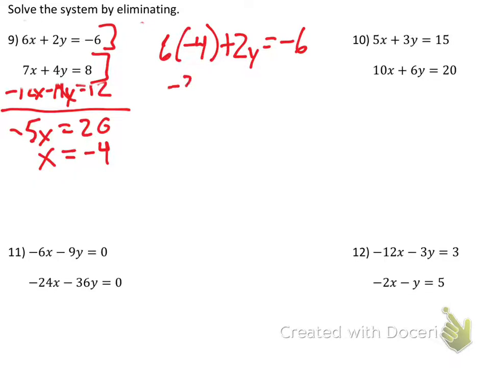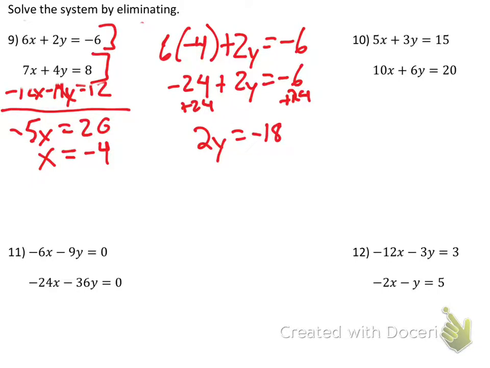So it'll be negative 24 plus 2y is equal to negative 6. I'm going to add 24 to each side. So I'll have 2y is going to be equal to negative 18. Divide by 2 on each side, and y is going to be equal to negative 9. So my final answer will be negative 4, negative 9.